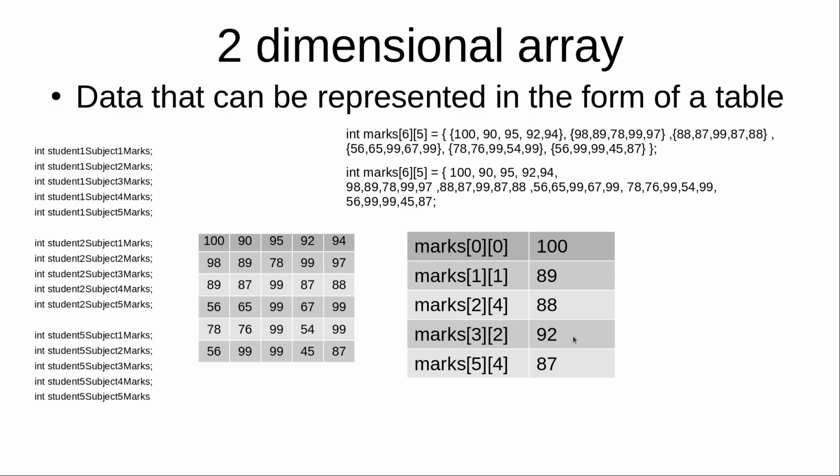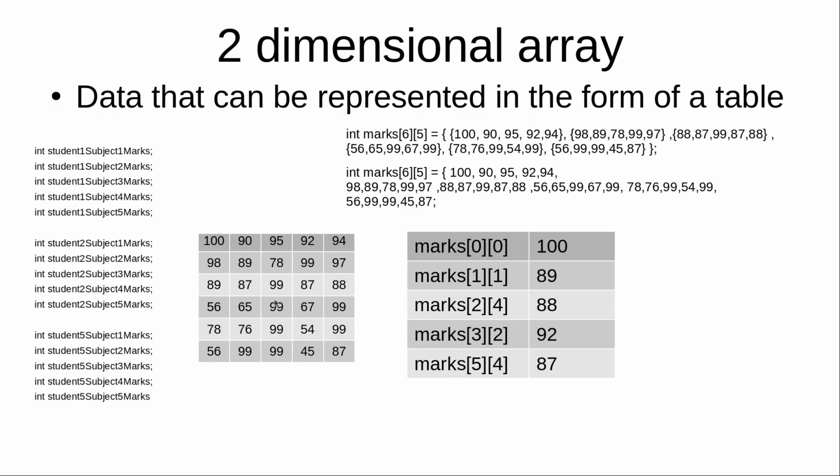I have given here 92. Do we have a number 92? Yes, we have value 92. So what is the actual value for marks 3 of 2? It's actually 99. So marks 3 of 2 is 99 and not 92. Okay, so that is a mistake there.